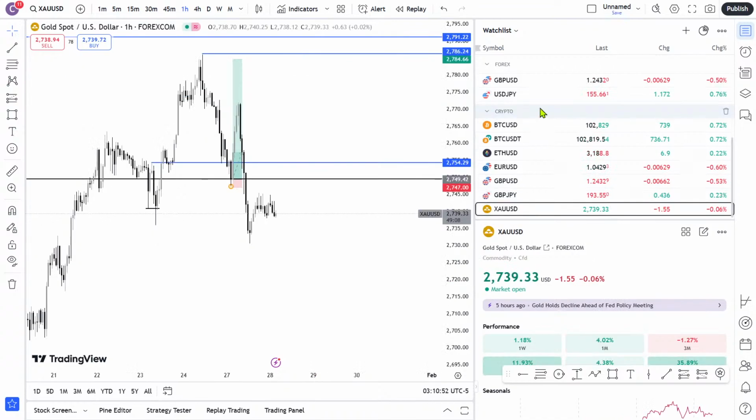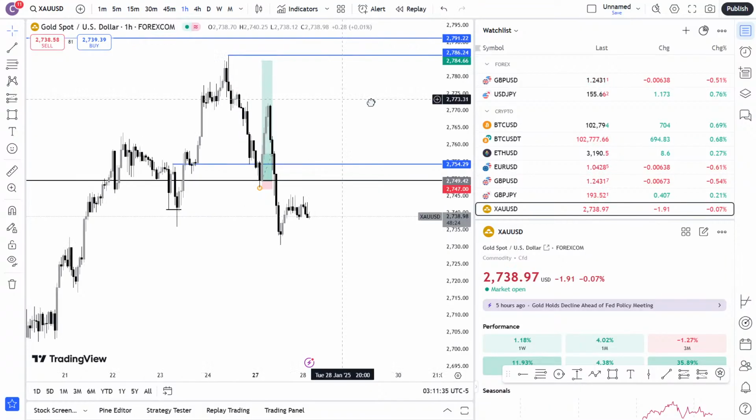Let me take a look at gold. On gold, yesterday we took a buy, and I think I showed you guys my trade yesterday, how I took profit somewhere around here.